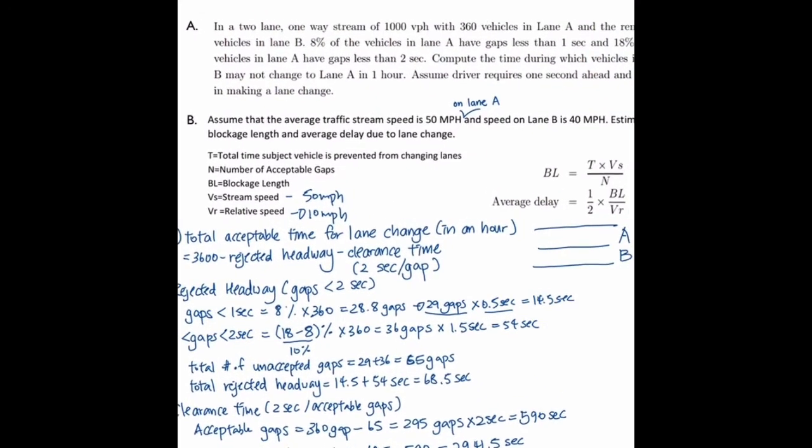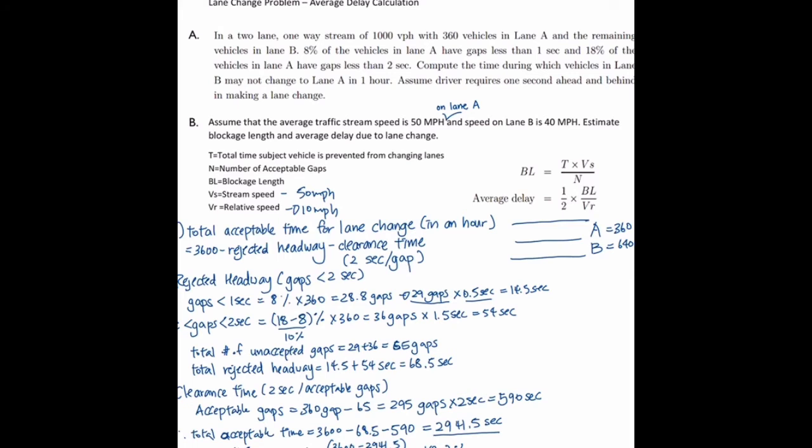Now I'm going to jump to number B, which is pretty simple using the formula. It says assume that the average traffic stream speed is 50 miles per hour on lane A, and the speed on lane B is 40 miles per hour. Estimate blockage length and average delay due to lane change. These are the equations we're going to use. Blockage length is equal to T times Vs divided by N. T here is the total time the subject vehicle is prevented from changing lanes, and Vs is the stream speed.